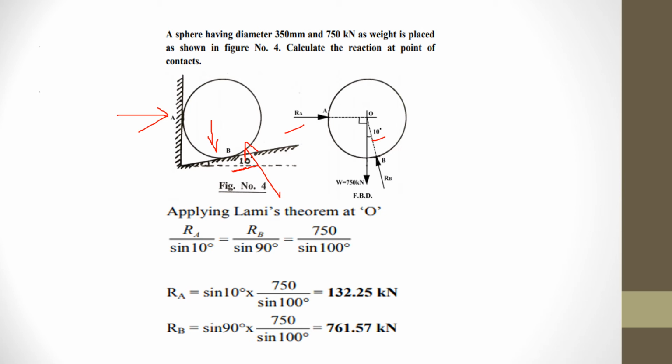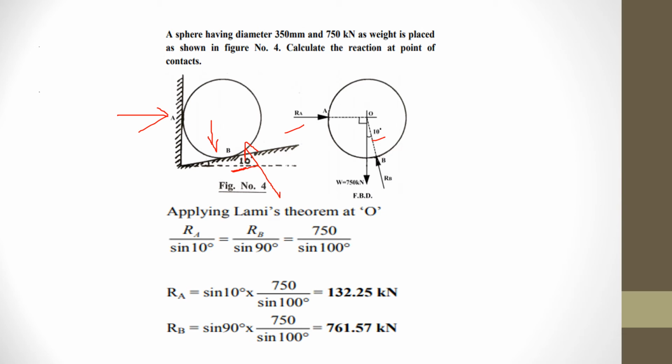Now three forces we have got, so we can solve it by Lami's theorem. Applying Lami's theorem at point O, RA divided by sine 10 equals RB divided by sine 90 equals 750 divided by sine 100. As for Lami's theorem, we need the angle between every two forces.